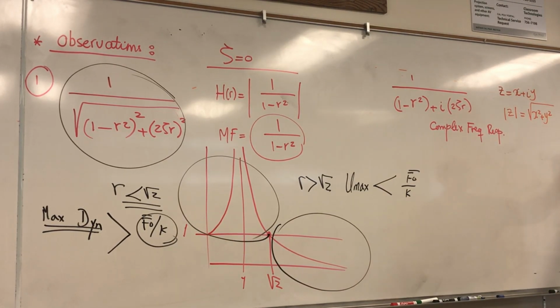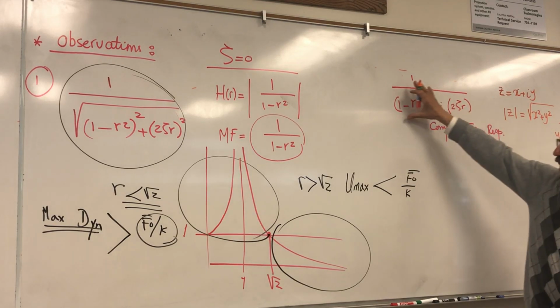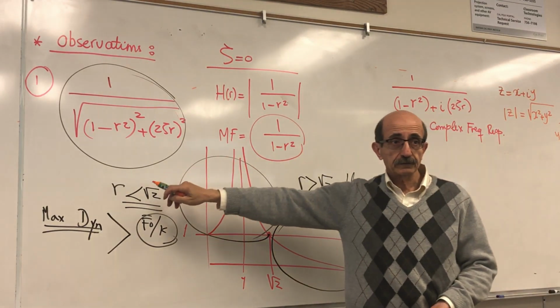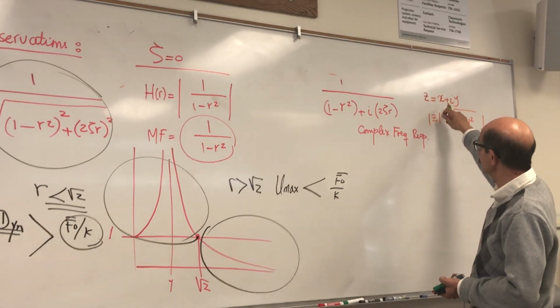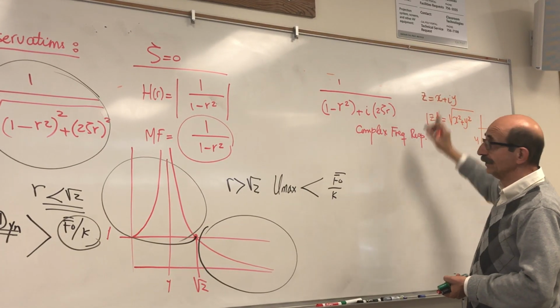This is a complex number, this is x, this is y, this is z. So if you evaluate the magnitude of z, which is this, that's what you will get. You may not see that directly because this doesn't look like this, but you can make it like that.